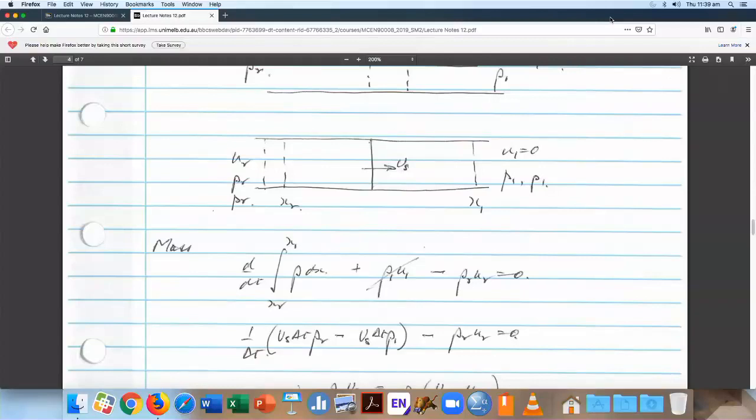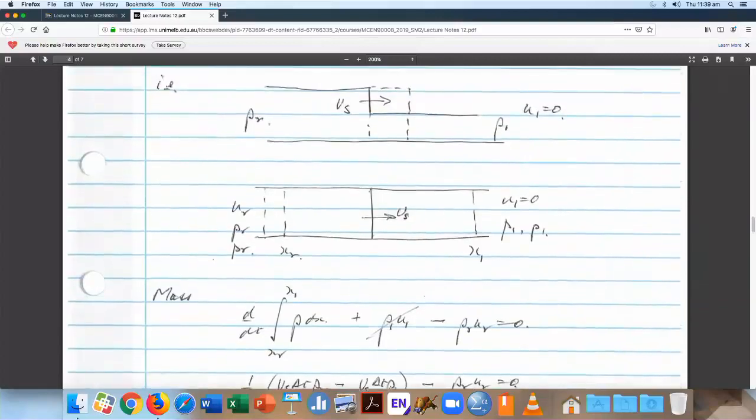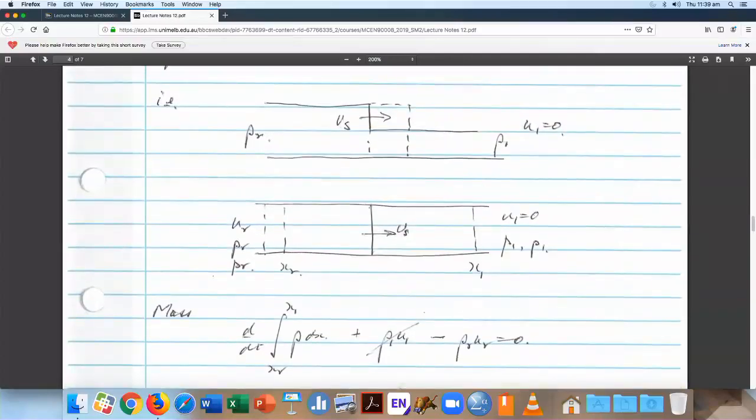So now we're going to work out, and this is easy to do, this integral from x2 to x1. Well, the only thing that's changed here is that this shock wave moved from here to here. So I've suddenly got more fluid here that is at density rho 2, and I've got less fluid that was at density rho 1.